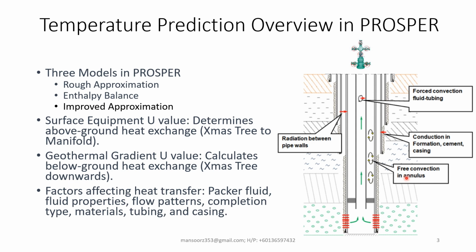I hope all of you know the difference between forced and free convection, but I'm going to talk about it a little bit. Forced convection occurs when fluid motion is driven by an external force. As you can see here, fluid moves from the subsurface to the sand face, and from there to the tubing, so there is an external force.